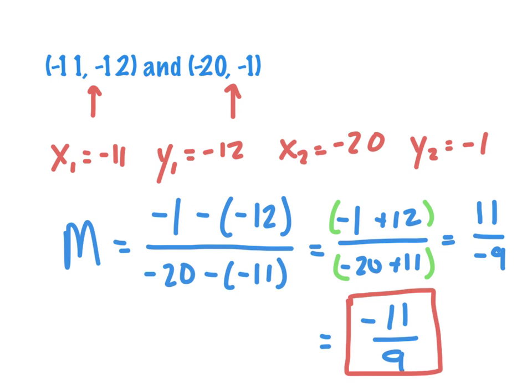And that's what this lesson was about. It was about introducing the slope formula. So now what we need to do is practice using this slope formula so we can then move on to solving some more interesting problems that involve slope. Good luck.